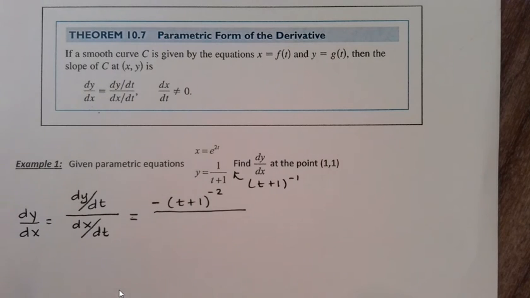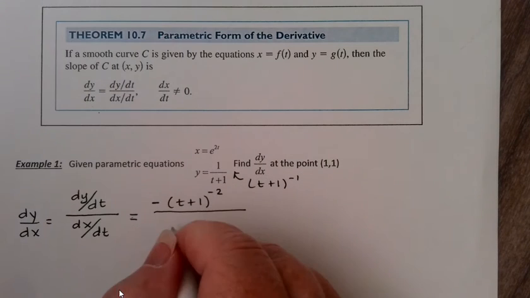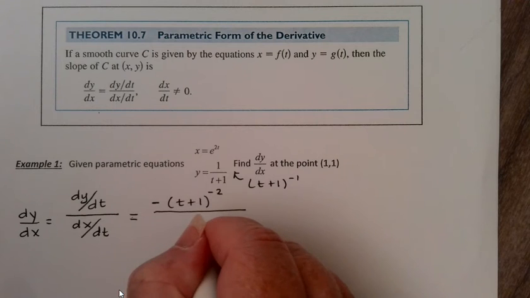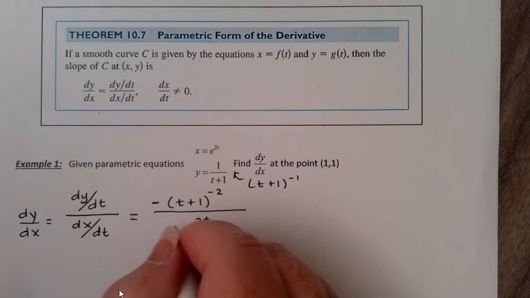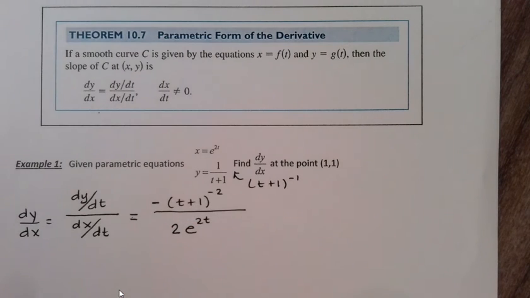And at the bottom, dx/dt is going to be e to the 2t, and the chain rule there will give me a 2. So I could really write that as negative 1 over 2e^(2t) times (t+1) squared.